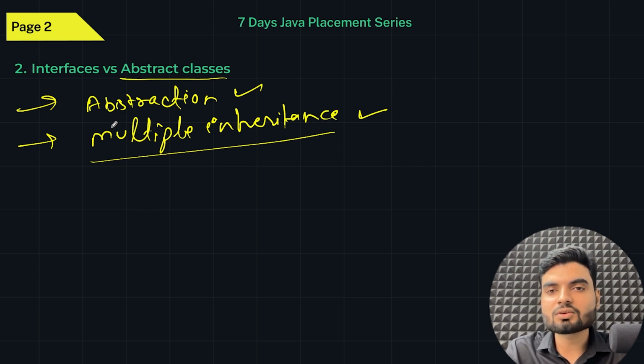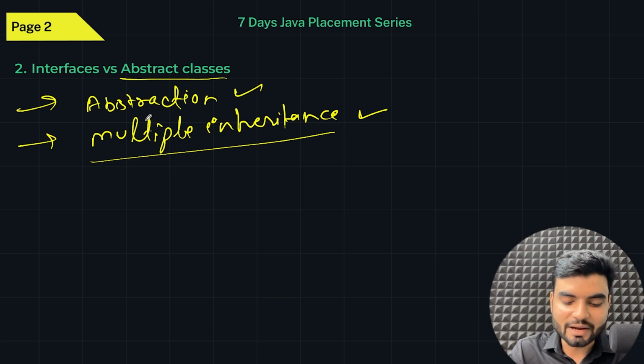So the thing is, before Java 8, we had strict rules for interfaces. In abstract classes you can have both things: you can have concrete methods and abstract methods, while in interfaces you cannot have concrete methods. You will only have abstract methods before Java 8.